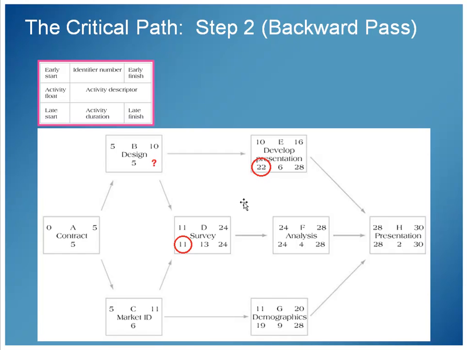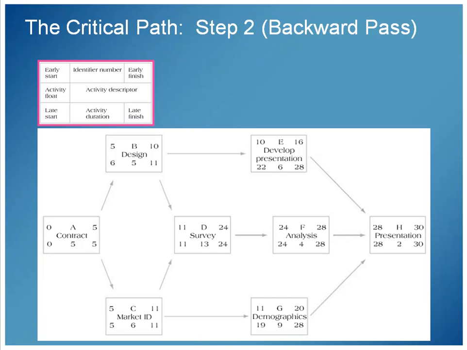So the smallest between 11 and 22 is an 11. Likewise, C has to choose between an 11 and a 19, and the smallest value for C is an 11. So 11 for B, 11 for C, 6 and 5, the smallest value is 5, so 5 is our value for A. We now have a complete network, or almost complete network.